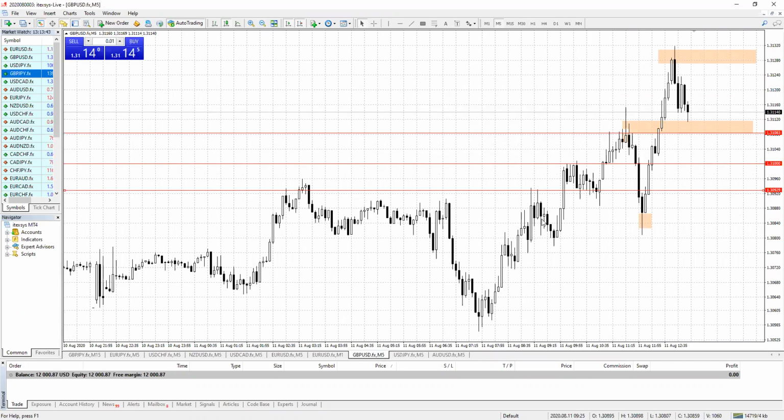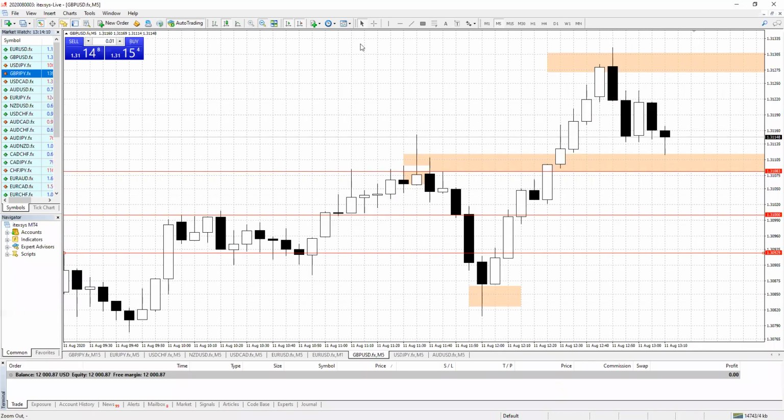Okay, let's stick to the pound. Let's see if we can have a little trade here. I like the tail. This is showing me rejection of the price at this level right here. We have 1 more minute for this candlestick to close. But if it closes, we have 2 ways to enter this market.